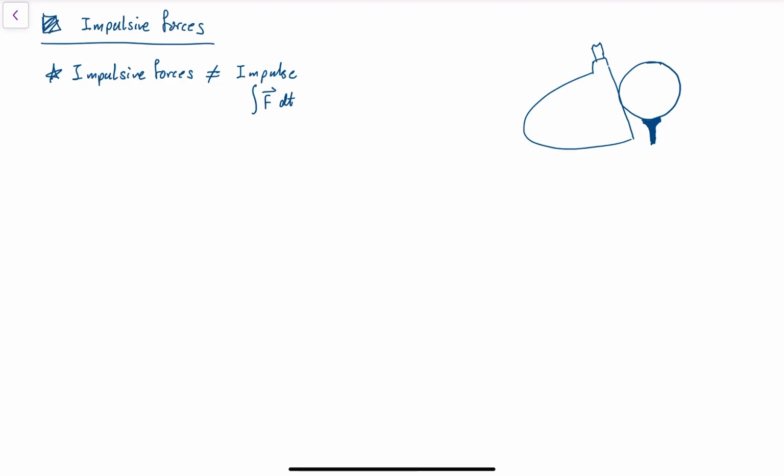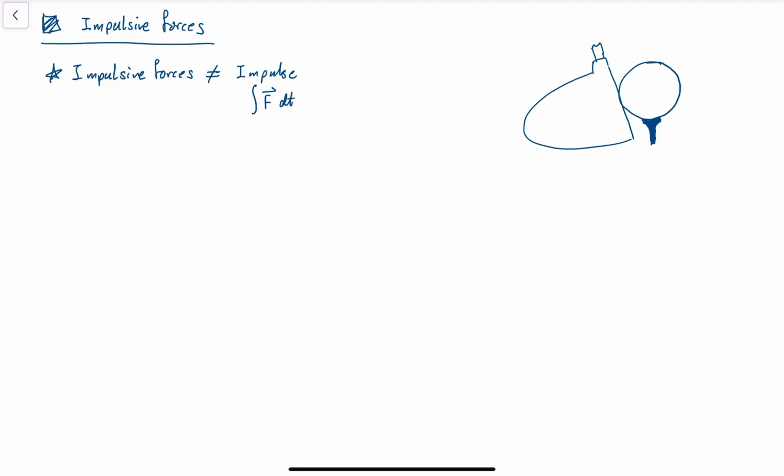I want to study this system, and in particular, right now, let's focus on the duration of the contact, from the moment the club starts touching the ball until the ball is projected outwards. So let's analyze the forces acting on this system.